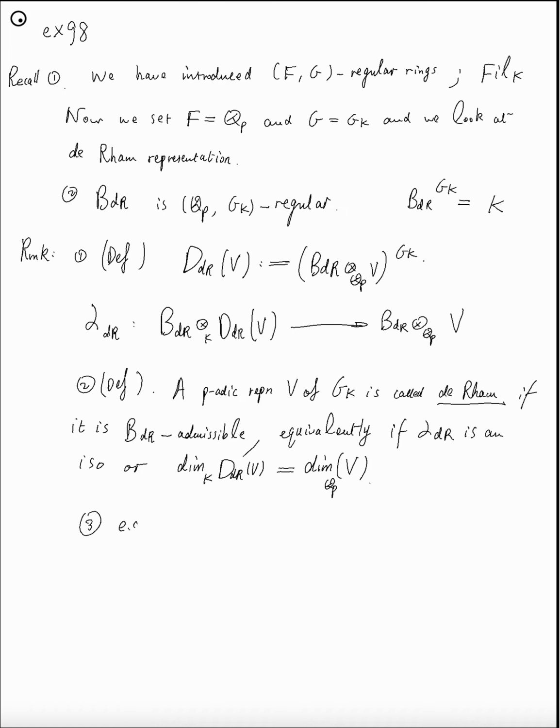Important example. Take an integer n. Then notice that D_dR of this Q_p(n) is 1 in dimension, hence equal to the dimension of the representation.